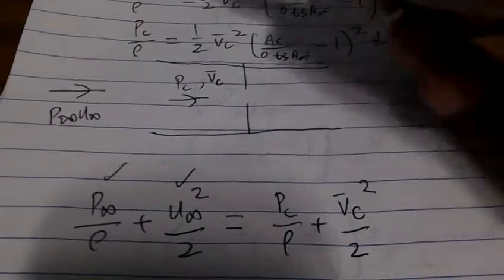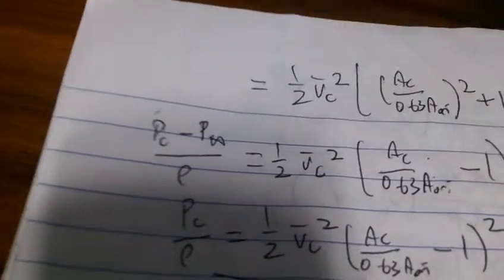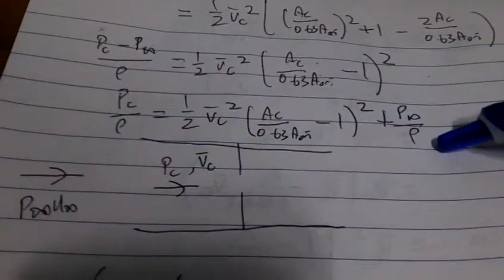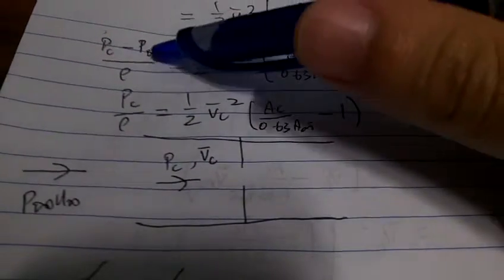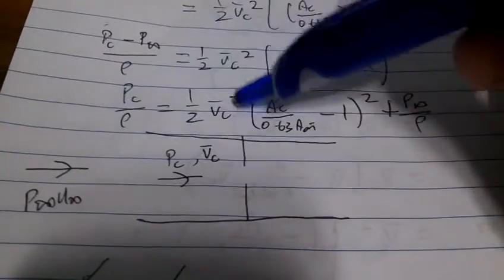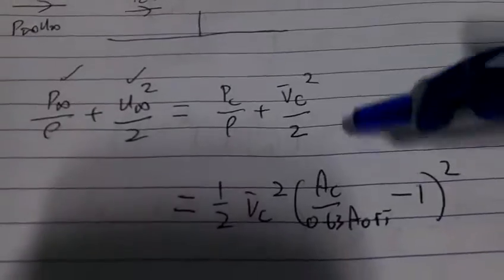And what is this term here? This term here is basically this term. But how do we get this? We take the P infinity over rho to the other side here. Just shifting it from here to here, and then we get this equation. Now we have this, we know this, we substitute this entire expression into this.